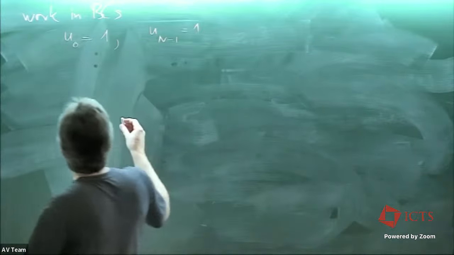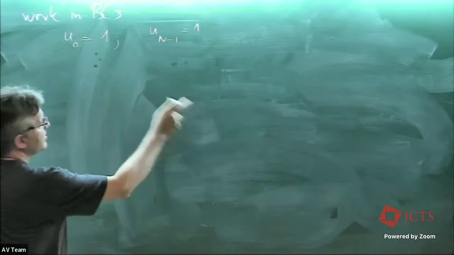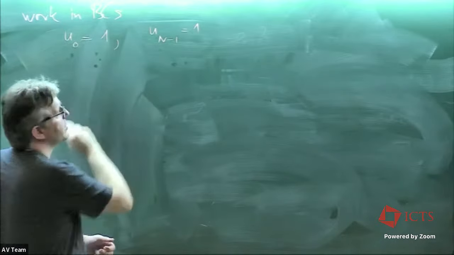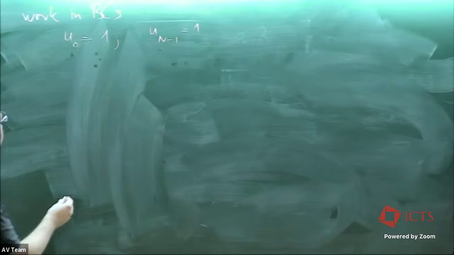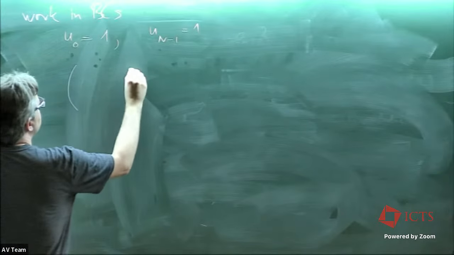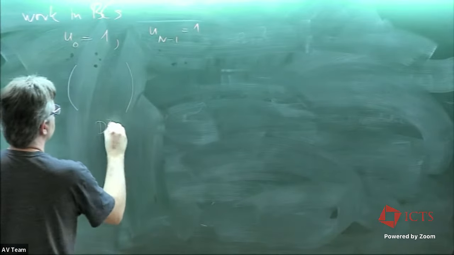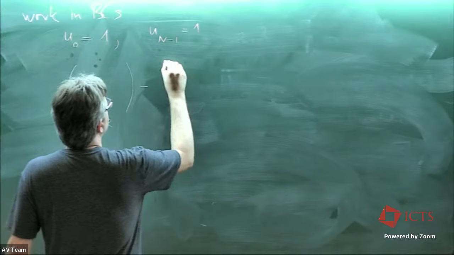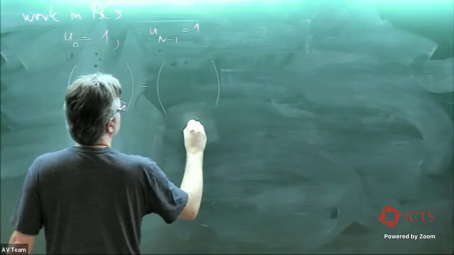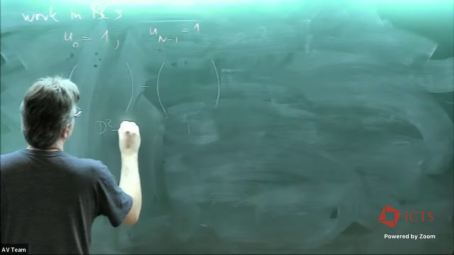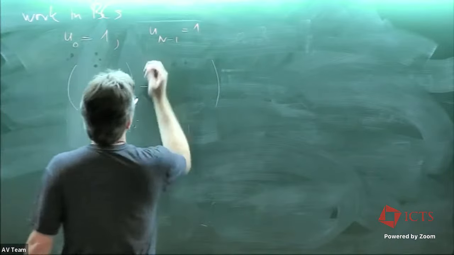And this works very well in this particular case because our boundary conditions map really nicely to just a single point, u0 and u_{n-1}, to one of our unknowns. However, we can also play a different game, which turns out to be more general. We can take our original equation that we had up there. So here's the d squared minus, let's just put d squared minus f delta ij into one matrix directly.